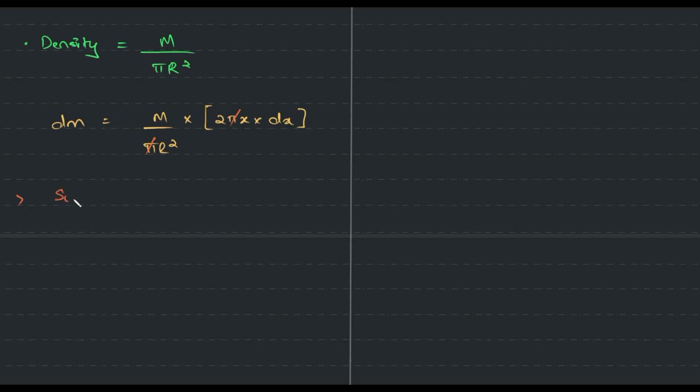So when we substitute in I, we have I is equal to the integration of x square times m by pi r square into 2 pi x dx.